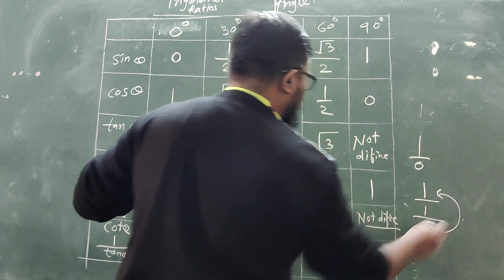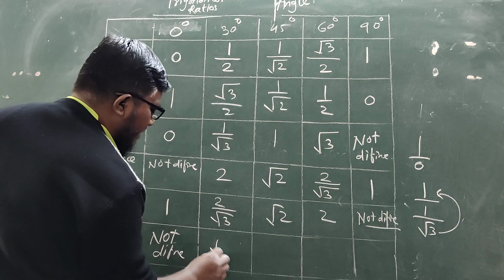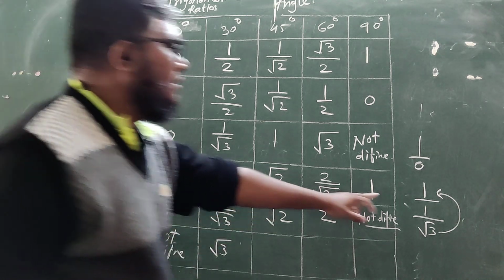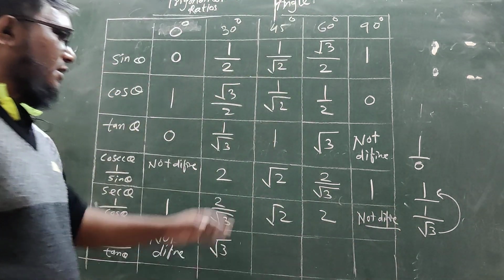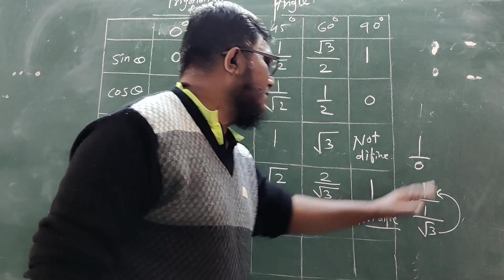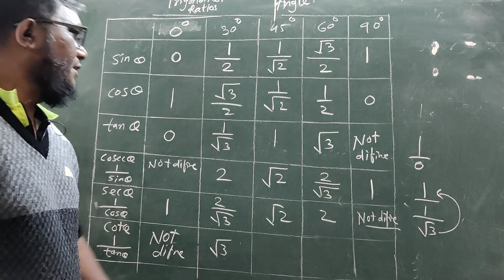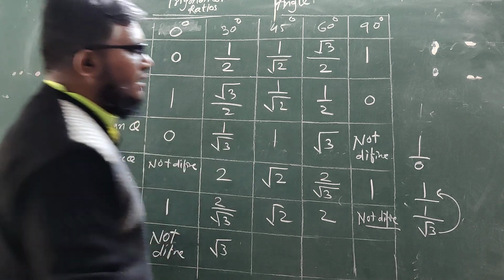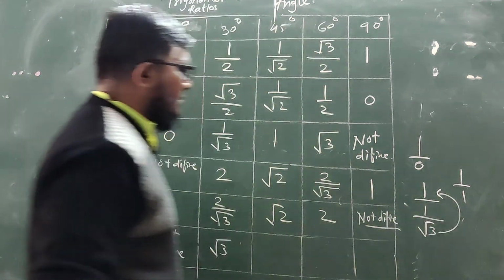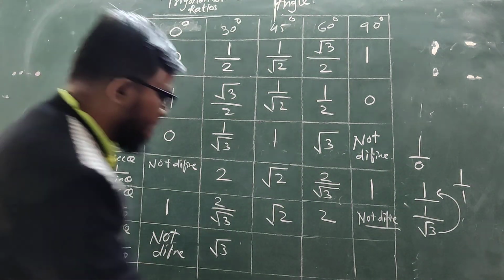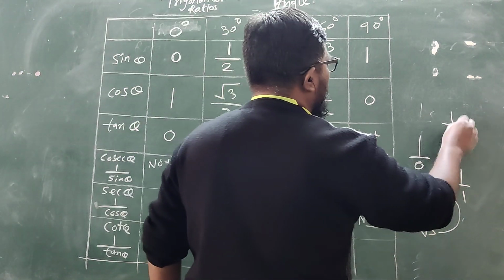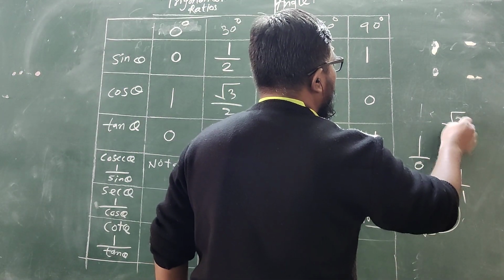Under root 3 will go upside and multiply with the numerator, because it is the denominator's denominator, giving under root 3. Now tan theta 45 degree, 1 upon 1 is also 1, and tan theta 60 is under root 3.